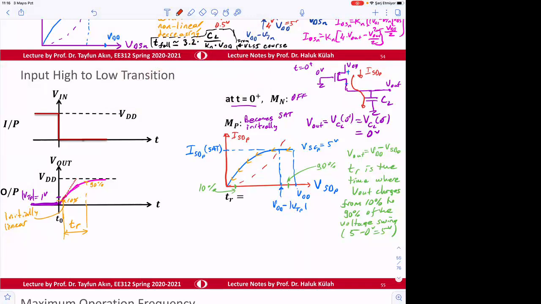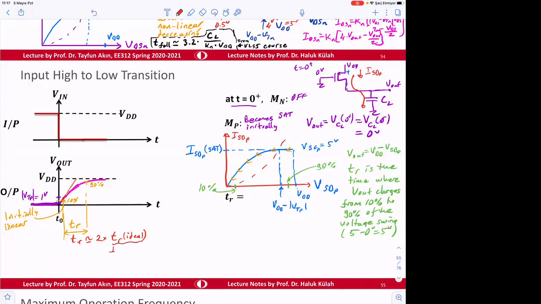So T rise will be about 2 times T rise ideal. What is T rise ideal?